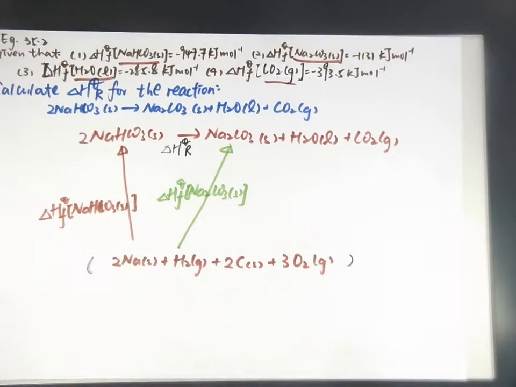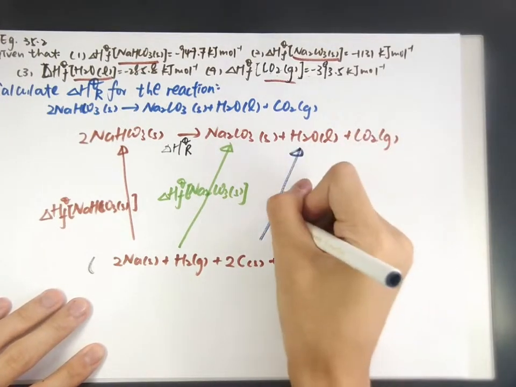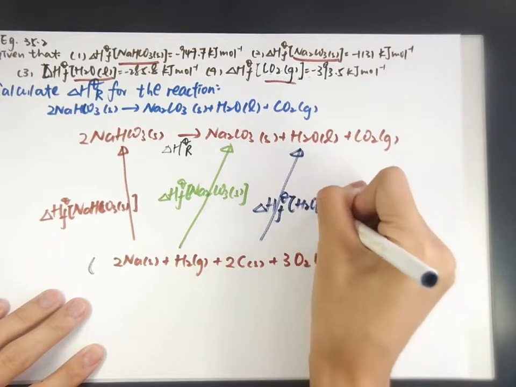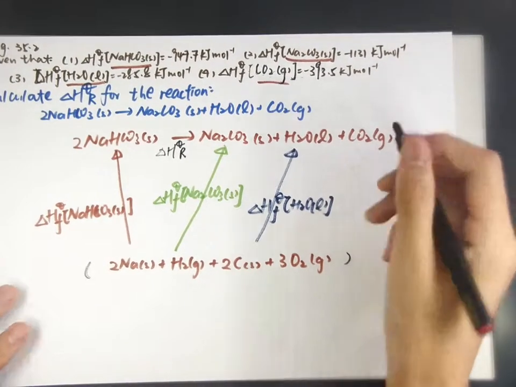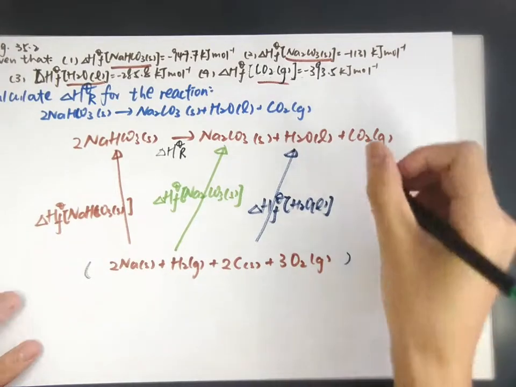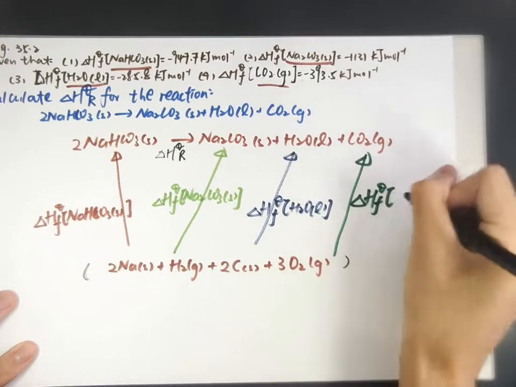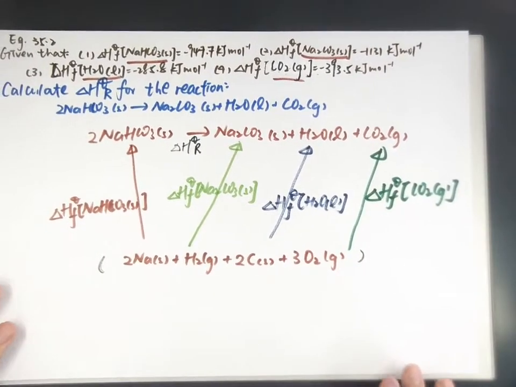The second one would be delta HF of H2O(l). And this would be delta HF of CO2. So we have already listed out all the data that we have been provided.